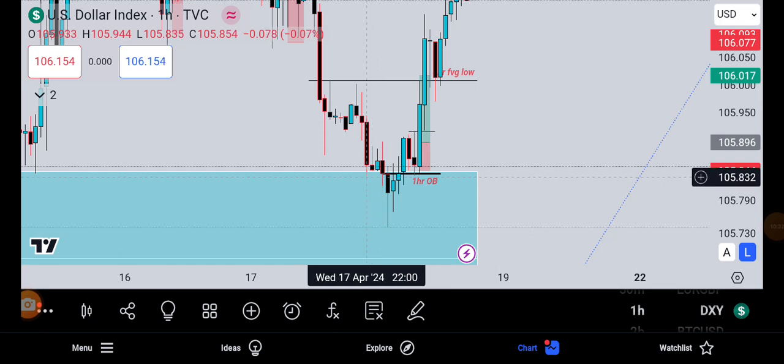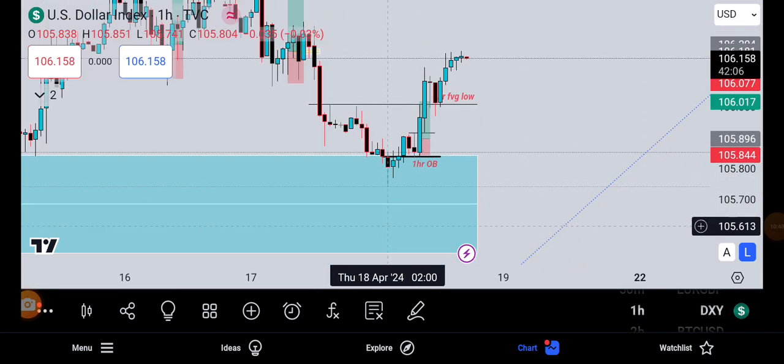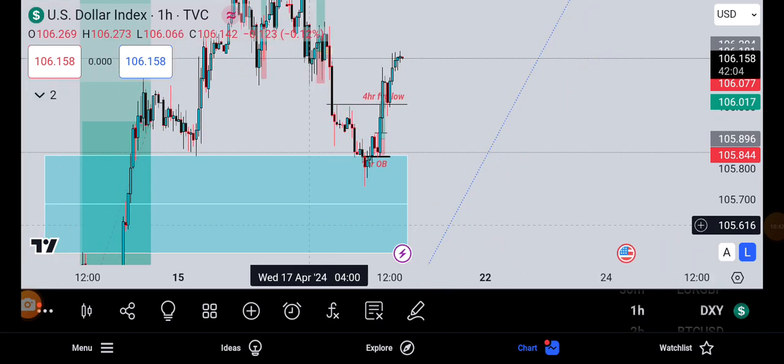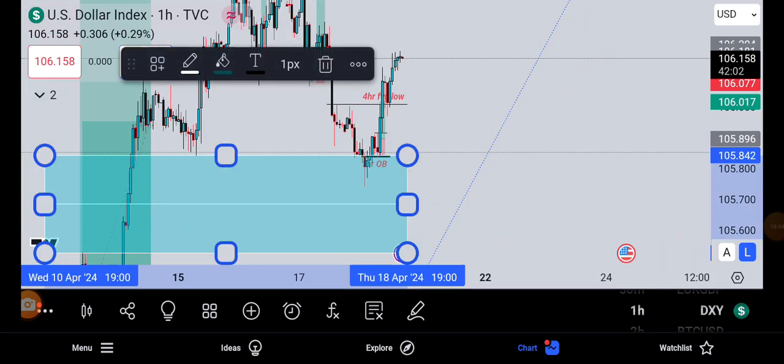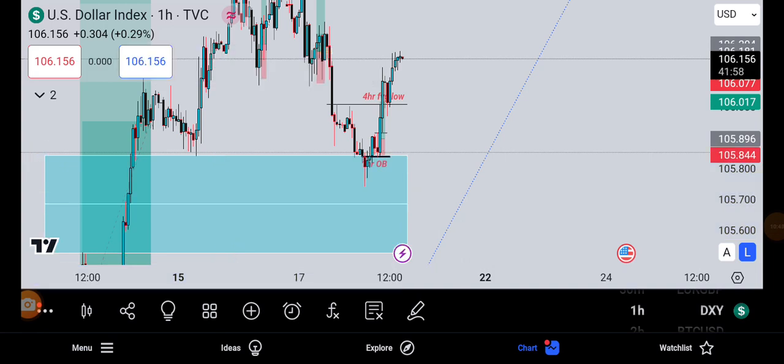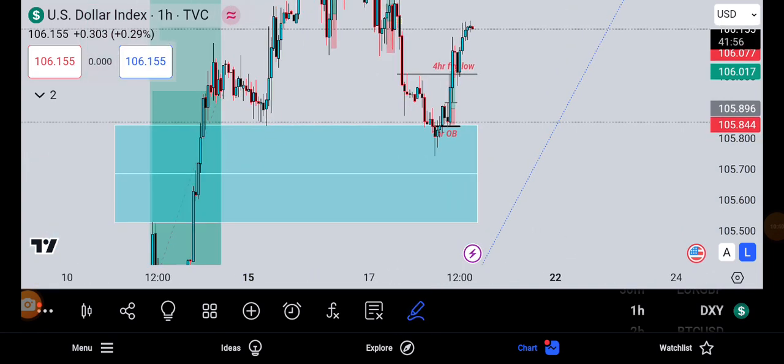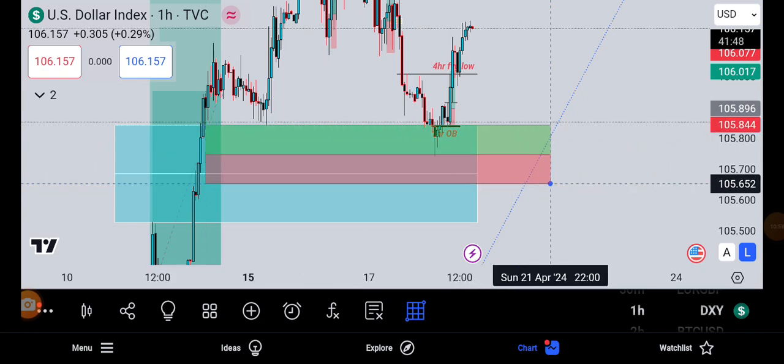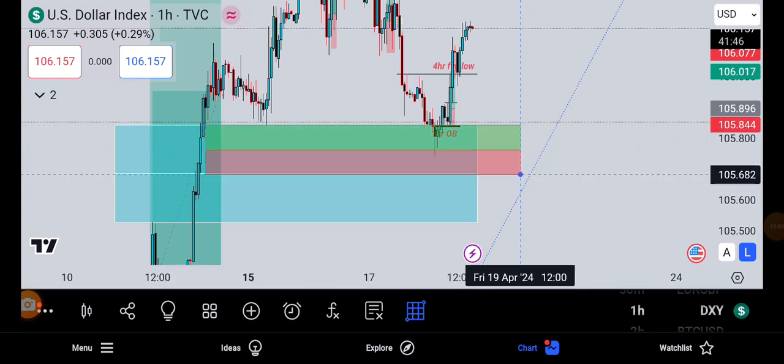Then from this low we had also these sell side liquidity sweeps, and the market tapped lower. And if I divide these into 4 quadrants, maybe take the upper half and divide it by 2, let's see whether we had a reaction at the upper quadrant.